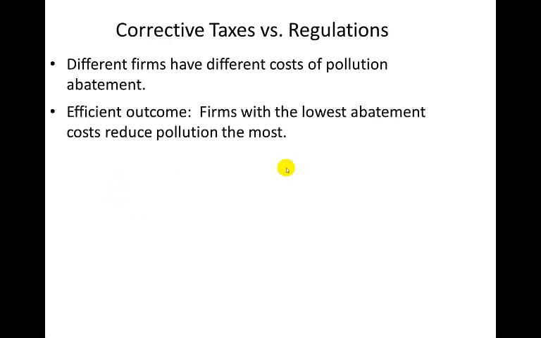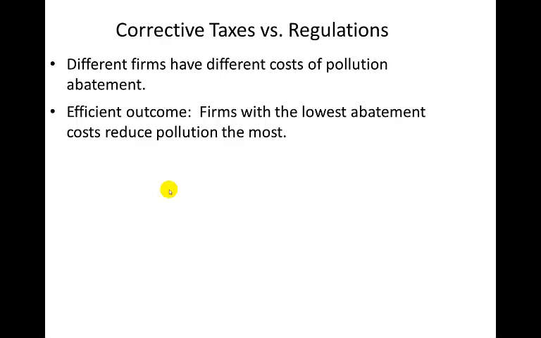Well, let's think about pollution, specifically coal power plants. Some coal power plants are old, some are new. And for some power plants, it would be easier and cheaper to reduce the amount of carbon emissions and pollution they produce. What we want here is an efficient quantity of pollution.